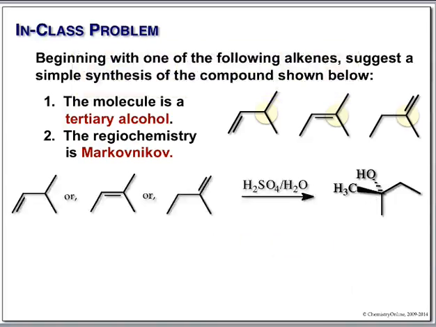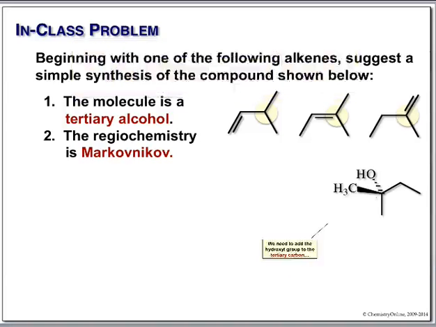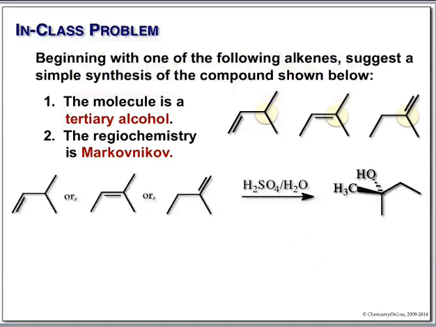Both of these, Markovnikov regiochemistry, put the OH here. This one we could do with a rearrangement. So 2 and 3 work better than 1. This is clear.